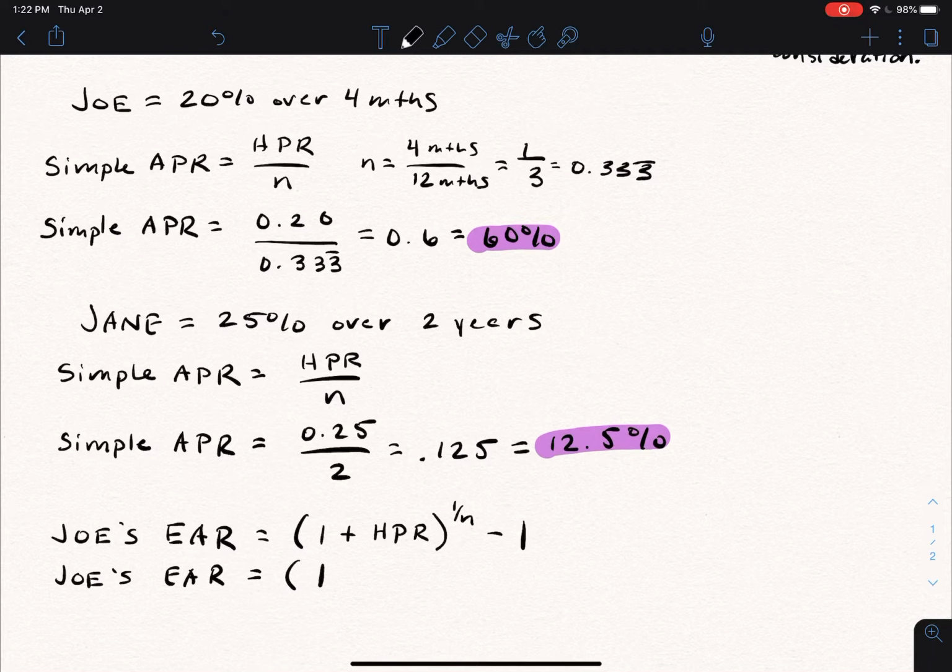You're totally going to like this. It's going to get even more extreme because of compounding. So we're going to say 1 plus 0.2. And then this gets a little tricky here. Sometimes people want to put 1/3 in here. It's not 1/3. This is where you've got to remember your algebra. It's actually 1 over 1/3, right? Now, I think this is actually pre-algebra. If you remember your pre-algebra, when you divide a fraction by a fraction, because that's essentially what we're doing, you flip the second and multiply, right?